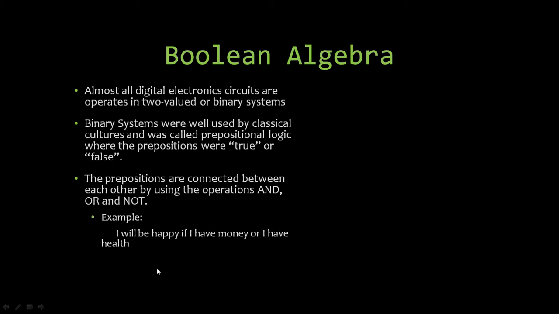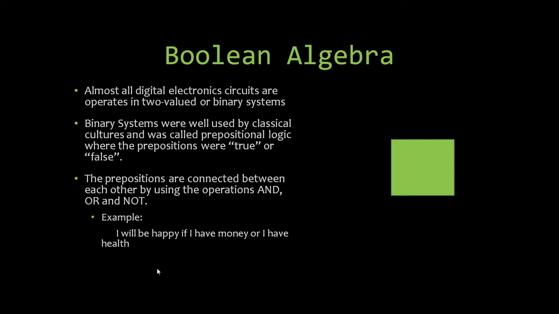It says, I will be happy if I have money or I have health. We first have to visualize this as a system of input-output. What gives place to what? In this case, we can visualize our system as a green box.